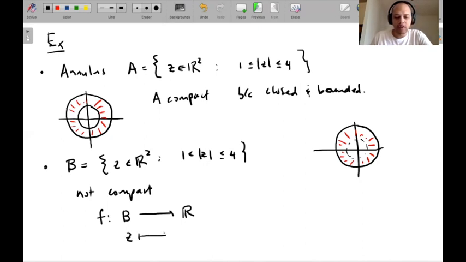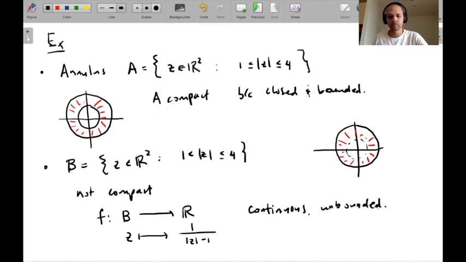And in this case, you can take something like this: the absolute value of Z minus 1 inverted, which is continuous and unbounded. This function point of view for showing properties of R^n is a useful point of view to take. I mention it here because it also will help on some homework.